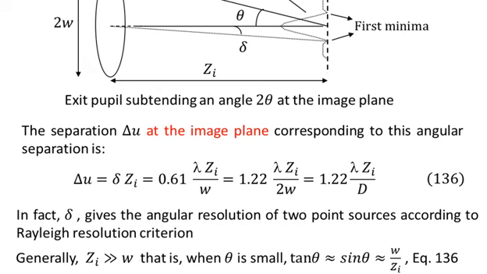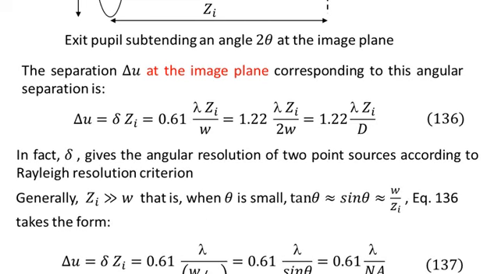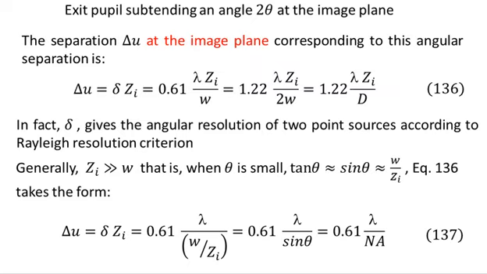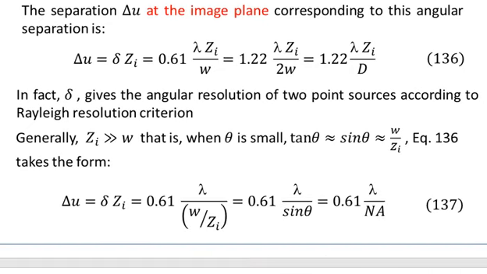For the Airy pattern, delta was the angular width and delta u is the half width of the main lobe, because we have defined delta for the half of the main lobe. In fact delta gives the angular resolution of the 2 point sources according to the Rayleigh resolution criterion.